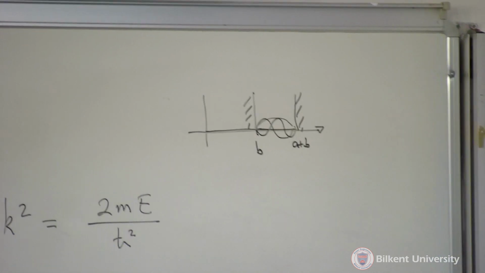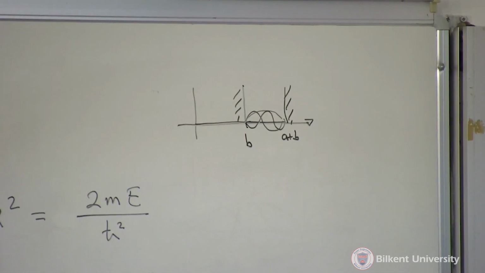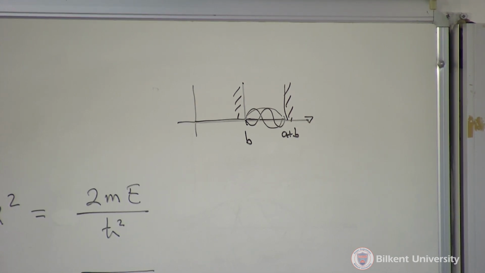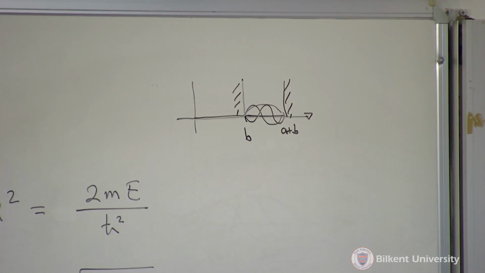It's just that you may prefer to do these integrals rather than the others. It depends on your problem. Most usually, the choice will be either between 0 and a or minus a over 2 and a over 2, just because of convenience. But you can choose it anywhere you like. It will work anywhere.